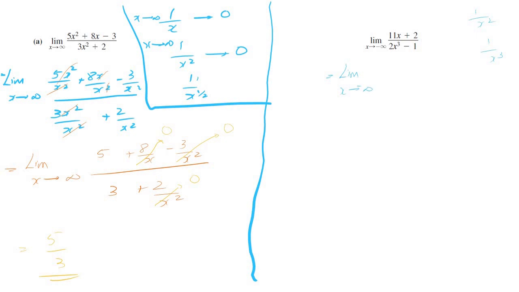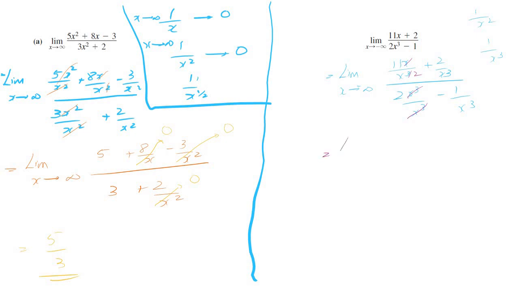So we divide it, then we get 11x over x to the power 3, because that's the highest power, plus 2 over x to the power 3, over 2x to the power 3 over x to the power 3 minus 1 over x to the power 3. We divide the entire equation by x to the power 3. So then what we'll do is we will cross off the common factors, x to the power 3 and x to the power 3. Here one of the x's gets cut off, so we get 2 here.